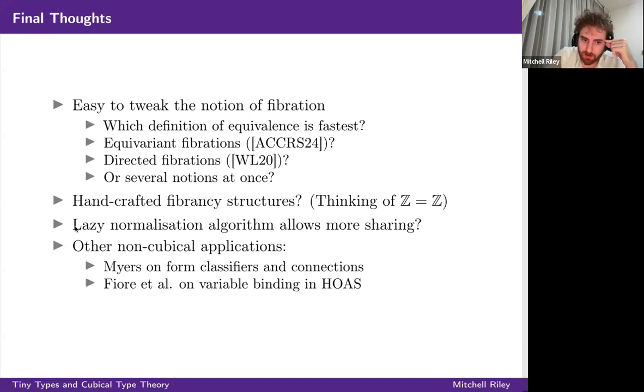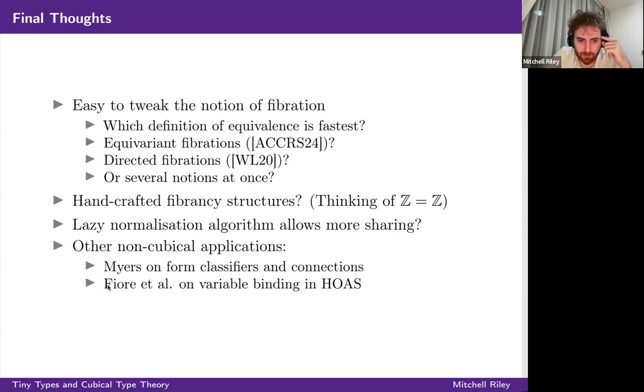I think it would be interesting to look at the normalization algorithm and see whether lazily pushing the unit and co-unit around could make it work better, like maintain more sharing in the evaluation function. And then there are some other non-cubical applications of tiny types, which would be great to look at too. So there's David Jaz, who's still interested in synthetic differential geometry.